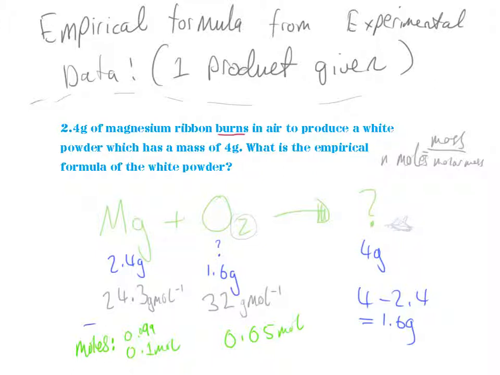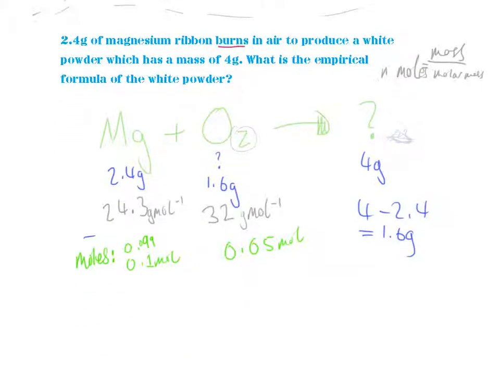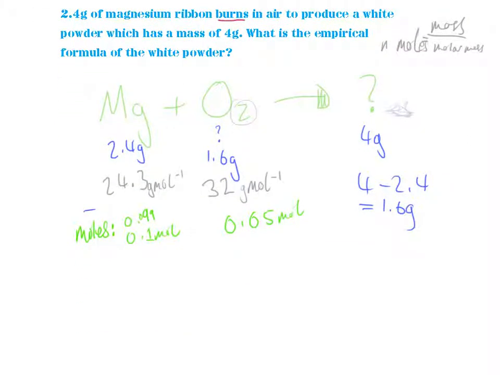So what I can do now is work out the molar ratios of the two elements, because these two elements are going to combine to form this. To find the ratio, I need the moles of oxygen atoms rather than oxygen molecules. Since there are 2 oxygen atoms in each molecule, I'm going to multiply this by 2, which is going to give me 0.1 moles.